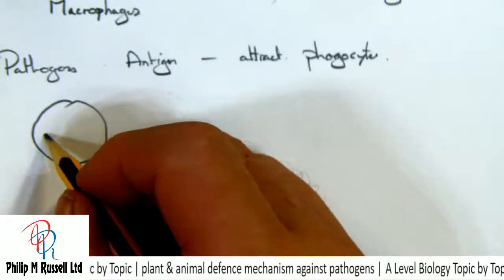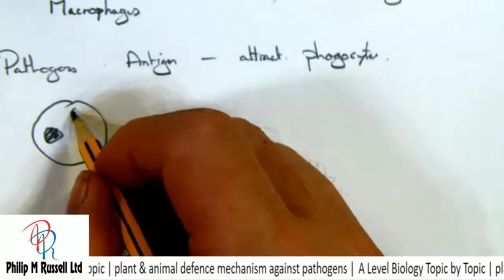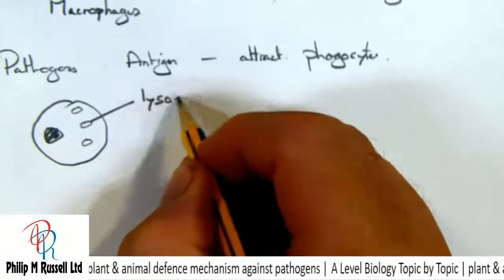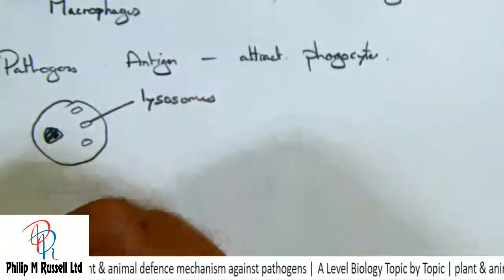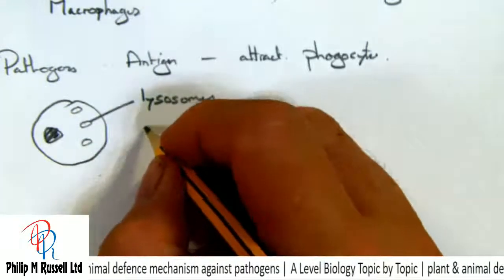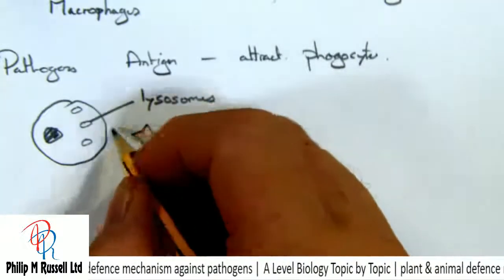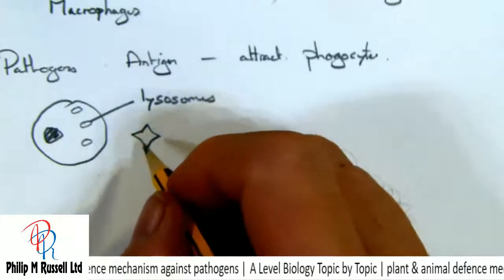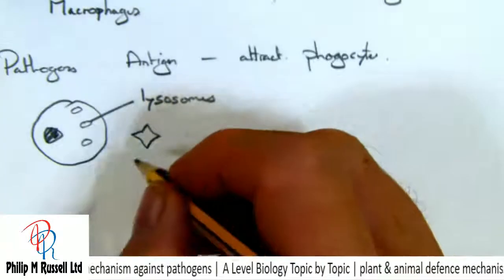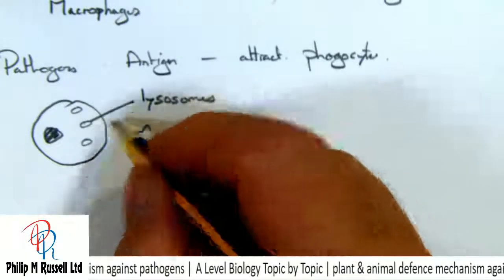Our phagocyte has its nucleus, and it will have in it various bags, lysosomes. Now, somehow this phagocyte is going to recognize this pathogen. Normally it does this by a chemical scent.